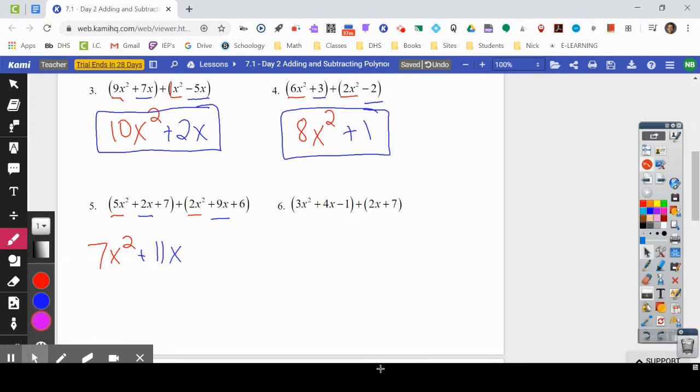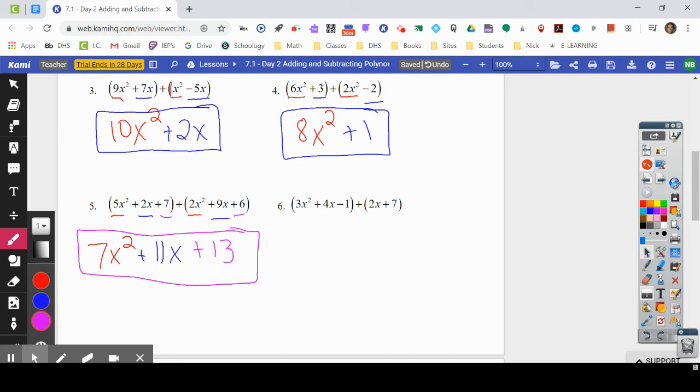I also have another set of like terms here: a positive 7 with a positive 6. Again, I can just add those up. These are all positives, so I get a positive 13. And this skill we've done before. We've combined like terms before, so that's nothing new, just looking at it a different way.